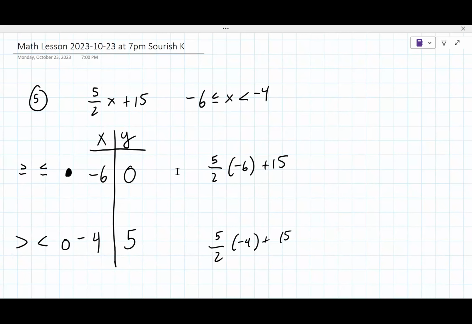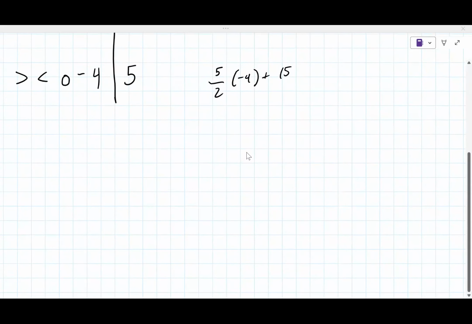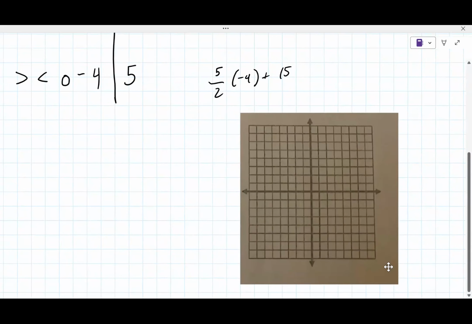So on your graph, you're going to plot a point at -6, 0 with a filled in circle, and then at -4, 5, an open circle. Is that okay? Go ahead and graph that for us, please.